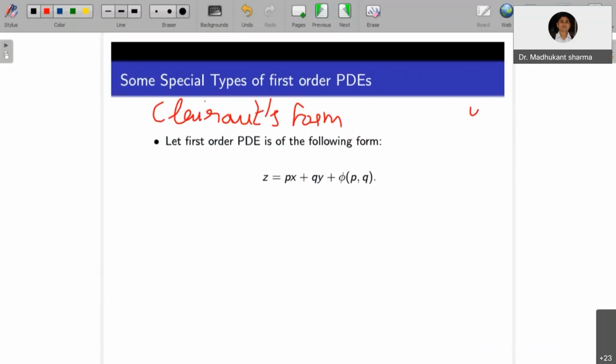Clairaut's form in the ordinary differential equation was y equals x times y dash plus some function of y dash.